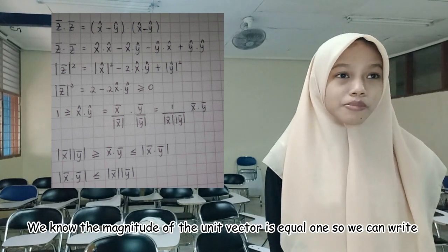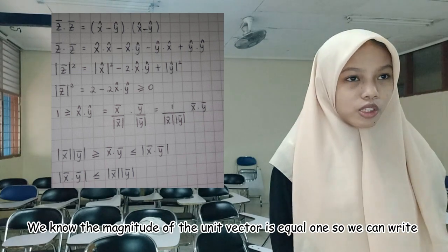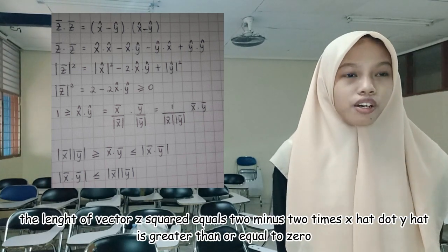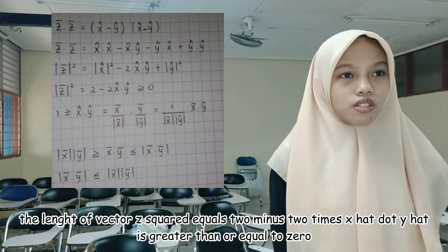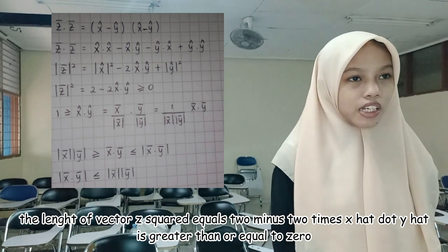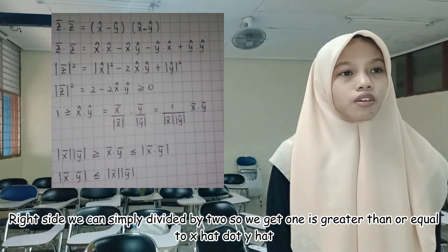We know the magnitude of a unit vector is equal to 1, so we can write the length of vector z squared equals 2 minus 2 x hat dot y hat, which is greater than or equal to 0.